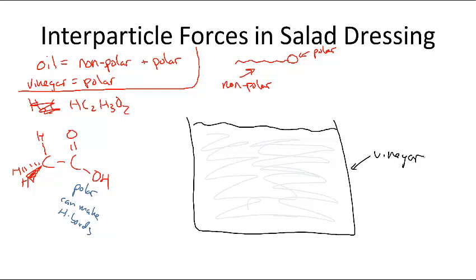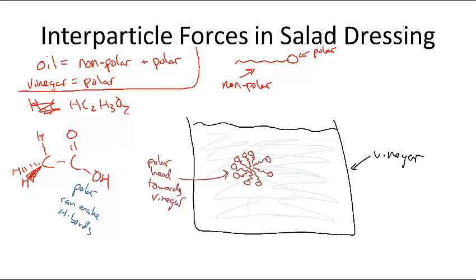So what happens is the oil particles line up such that all of the tails go together and all of the heads stay on the outside. Polar heads towards vinegar. So they make what's called a micelle.